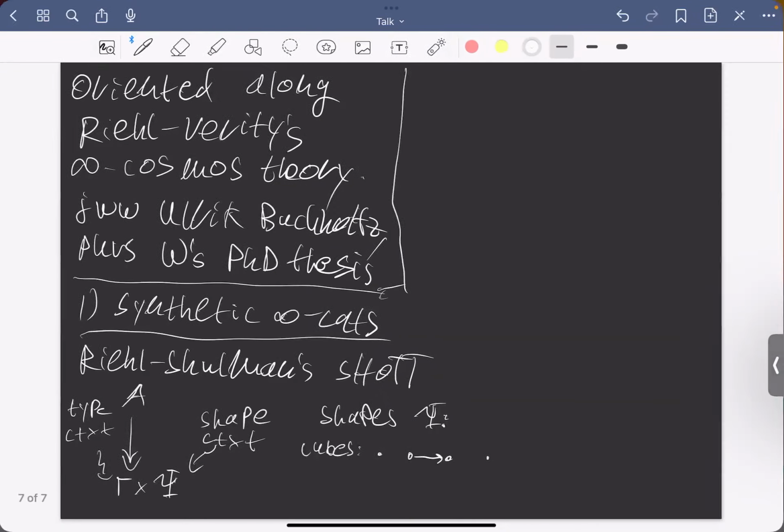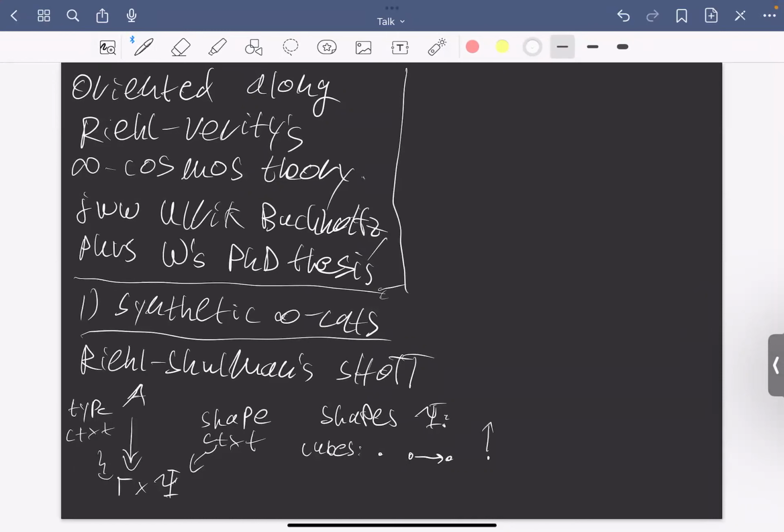Then we can look at the product, which gives rise to a square. I'm drawing it in maybe a weird orientation. If it confuses you, don't worry about it. Then we also have higher dimensional cubes. I'm not going to draw in the orientations there, but be aware that the faces should be oriented as well, and so on.